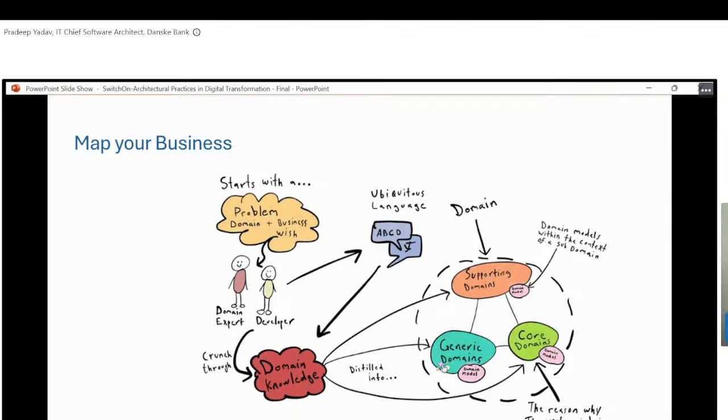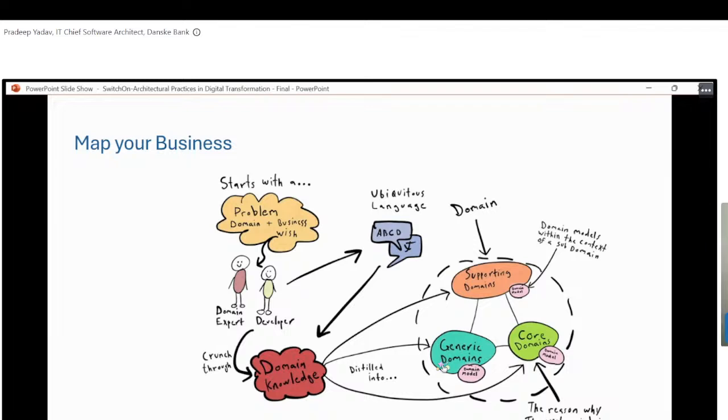For that, we use some collaborative techniques. At least my favorite is event storming, which we use heavily at Danske Bank. Others are storytelling and use case modeling. Quite a few are there. Sometimes Wardley mapping and similar tools are also used at the start itself.